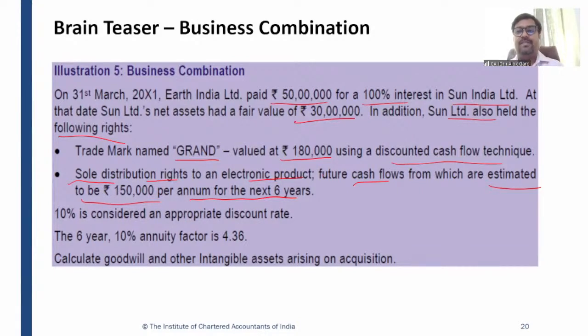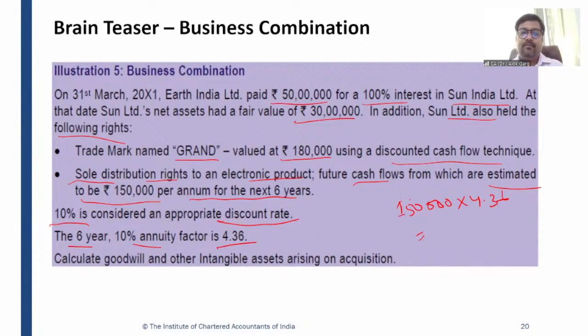The fair value is 1,50,000 per annum for 6 years. 10% is considered as an appropriate discount rate, and the 6 year 10% annuity factor is 4.36. It means when I multiply 1,50,000 with 4.36, it gives me the fair value of this sole distribution right intangible asset, right?